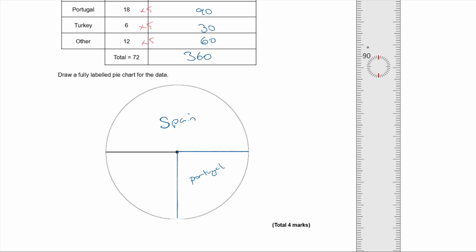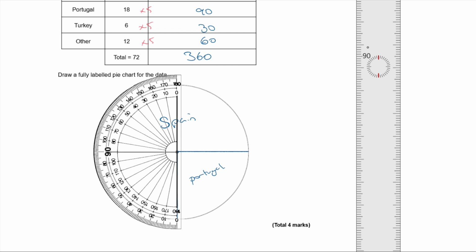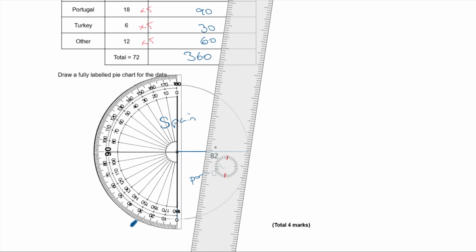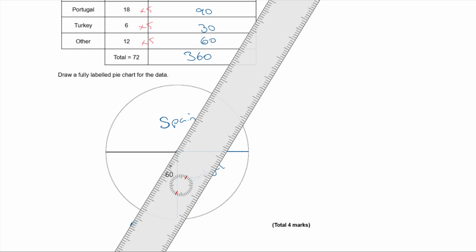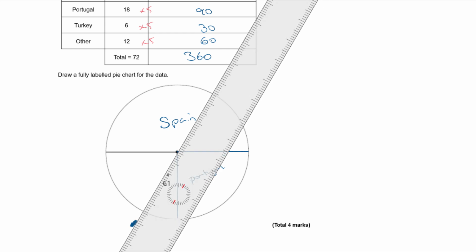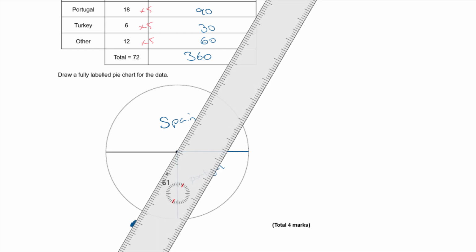And then Turkey is 30 degrees. I'm going to have to use my protractor for that one. So laying out my protractor along the last line I drew, count round to 30 and make a mark. I'm going to make my mark here, and then I'm going to join up my line through the mark that I made like that.